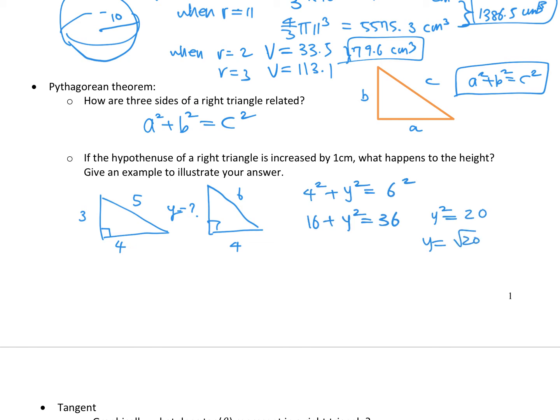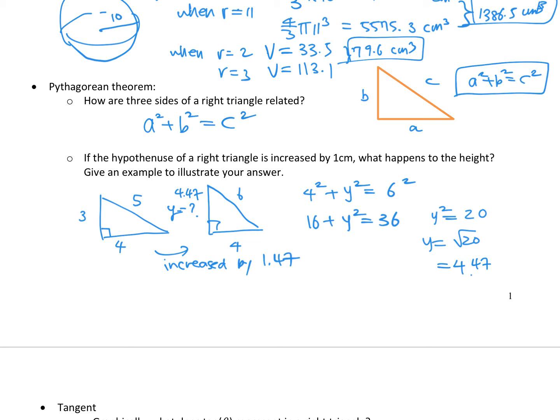But here we're talking about a length, so it'll be just the positive. If I calculate radical 20, I get approximately 4.47. So it used to be 3, and it went to 4.47, so it increased by 1.47.